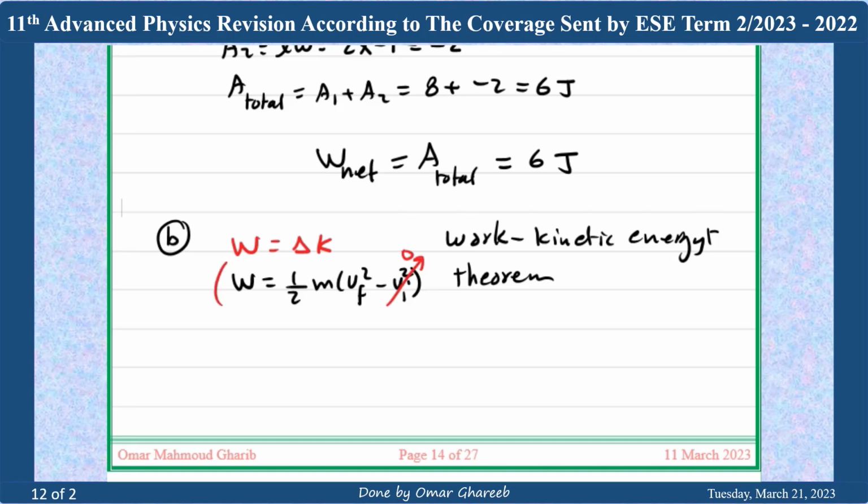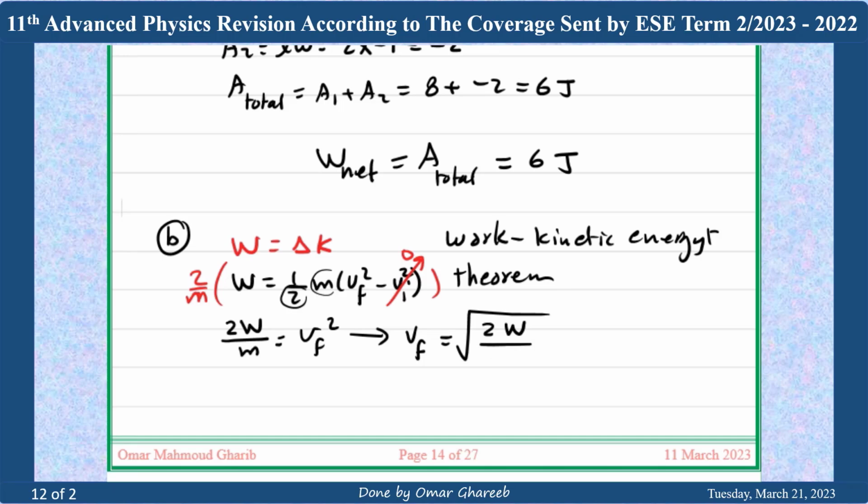Then multiply by 2 over m to cancel the 2 and m from V final. Then we have 2 work over mass equals V final squared, because the 2 cancels with this 2 and m cancels with this m. So V final, the thing that we need, is the square root of 2W over mass.